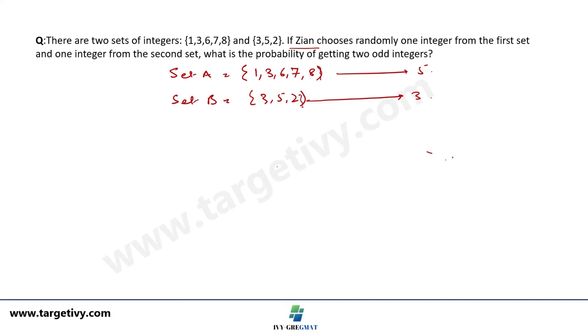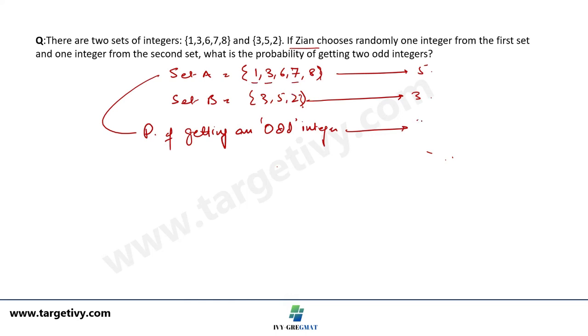Okay, from the first set, the probability of getting an odd integer from set A is 1, 2 and 3.